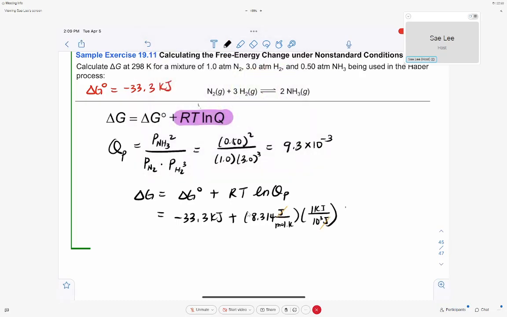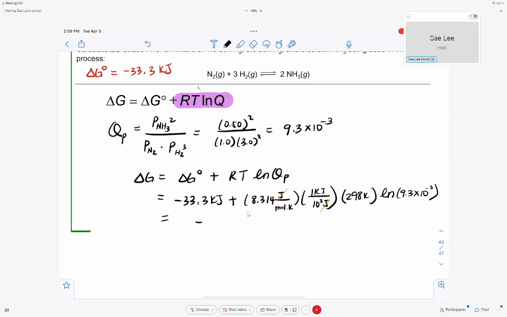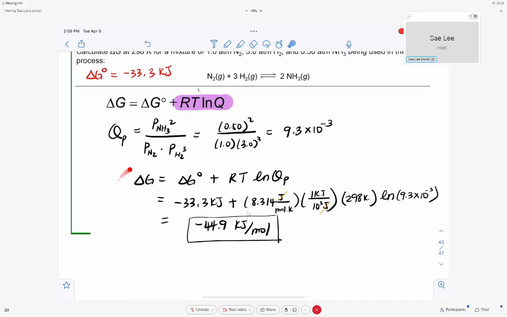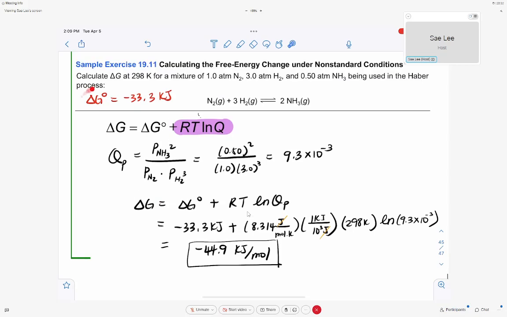Then the temperature, we have 298 Kelvin. We have it in Kelvin, so that's nice. And then natural log of 9.3 times 10 to the negative 3. If we do all the math, we have negative 44.9 kilojoule per mole. So we have now successfully found the Gibbs free energy at non-standard state using the standard state free energy.